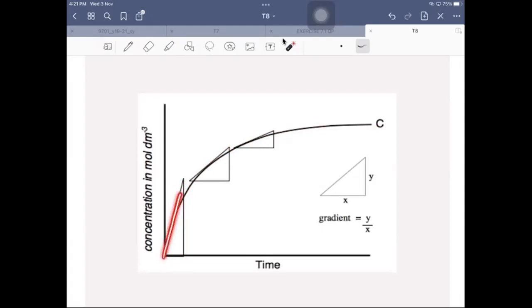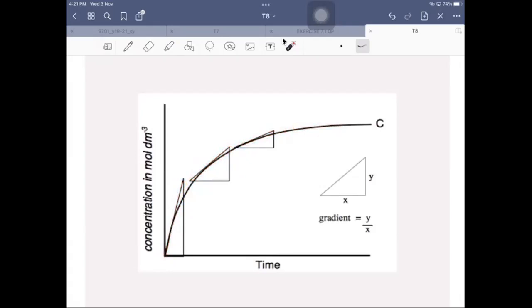But I'll just look at the line. Now look at this line at the start, and then another line, and then that line. Can you see that my gradient is big at the start? It is steep at the start, and over time it becomes gentler and gentler.